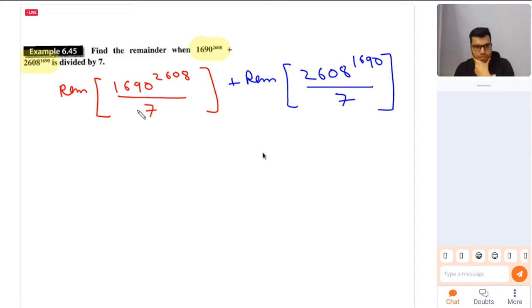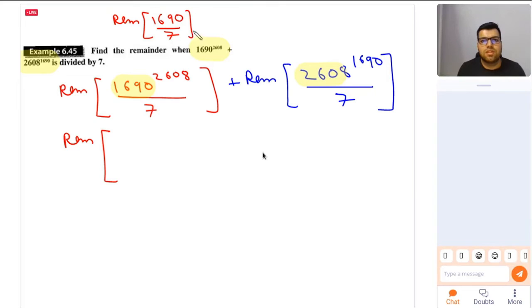What can we do over here? I think it is best that we do our standard approach, which we have learned in remainders. We will replace 1690 and 2608 with their corresponding remainders with 7. So this is the remainder of 1690 with 7. What is this?